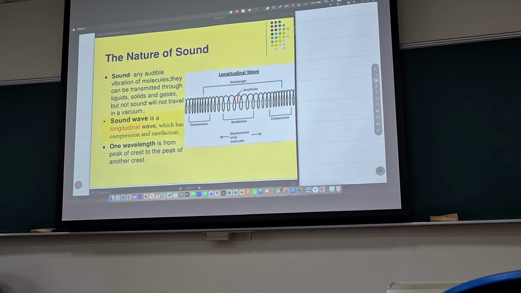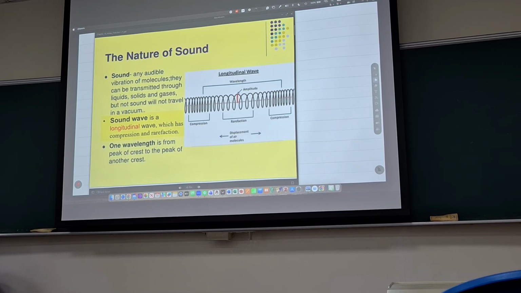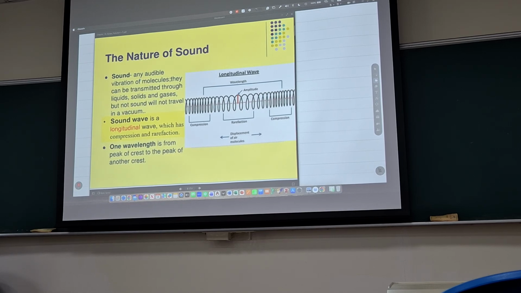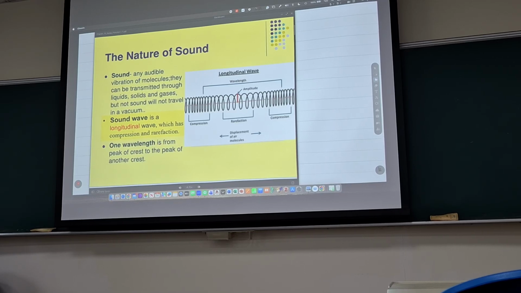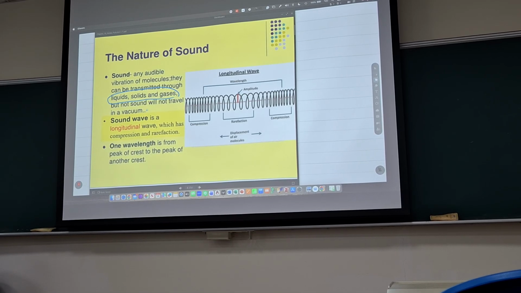So the sound is a vibration of molecules in a medium, for example, in air or in water, that can be heard by humans. It can be transmitted through liquid, solid, or even gases.